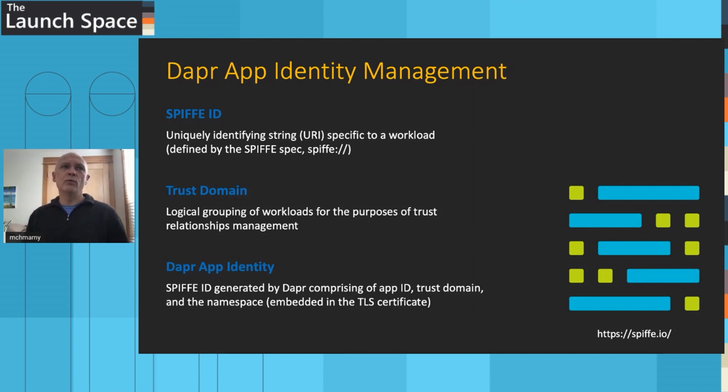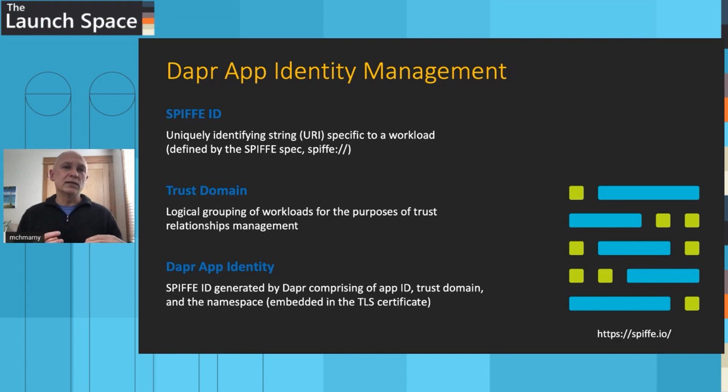That SPIFFE identity is a unique identifier for the application, combined with the trust domain within which that ID was defined. And Dapr uses that identity to identify the applications, both the caller as well as the invocation policy for when that application is being called.